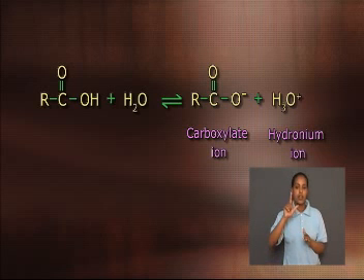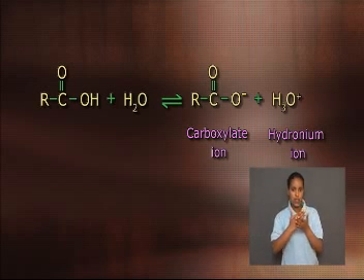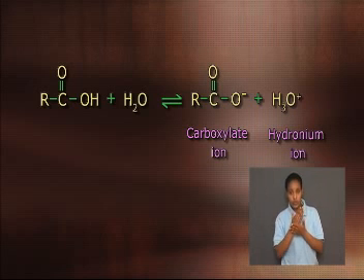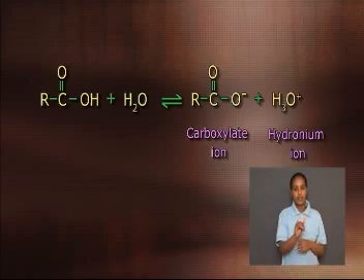Carboxylic acids partially ionize, and equilibrium is attained between the ionized and unionized forms. The process looks like this.